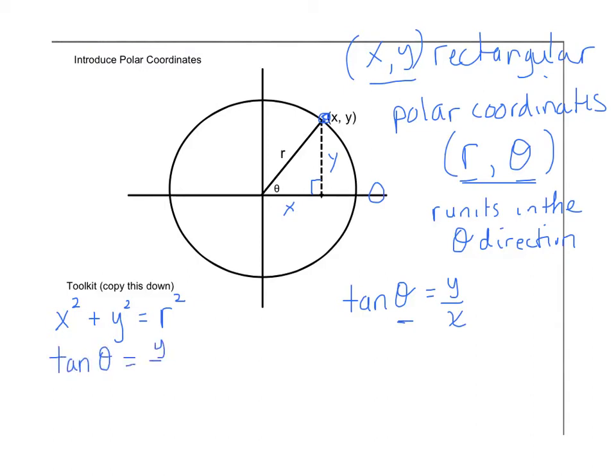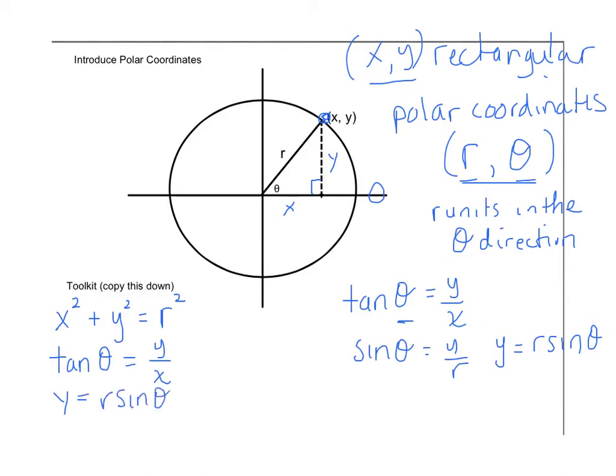So we're going to put this in our toolkit. And a toolkit is going to be something that we're going to use for conversion, so we're just coming up with those right now. The other two, of course, are sine and cosine. So if I have sine theta is going to be y over r, or I could multiply, y is going to be r sine theta. And you can see that you have rectangular coordinate on this side, and polar r and theta on the right side. So I'm going to write it y equals r sine theta.